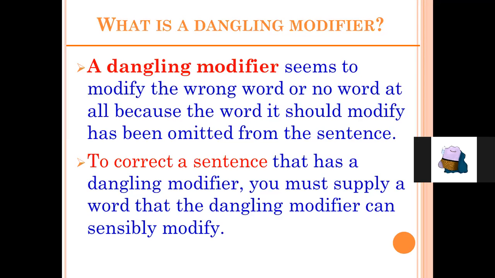You want to modify another word, but because your modifier stands next to another word, it modifies that word, not the word you want it to modify. But for a dangling modifier, it modifies no word. There is no word for your modifier to modify. That's why we call it a dangling modifier.